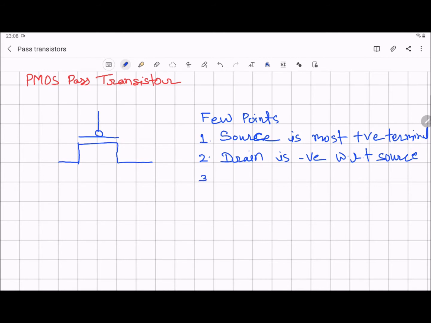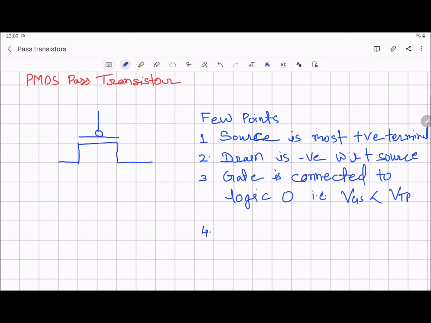Third, as you can see in the schematic, there is a bubble on the gate of PMOS pass transistor, which indicates the transistor is on when gate is connected to logic 0, that is VGS less than VTP.